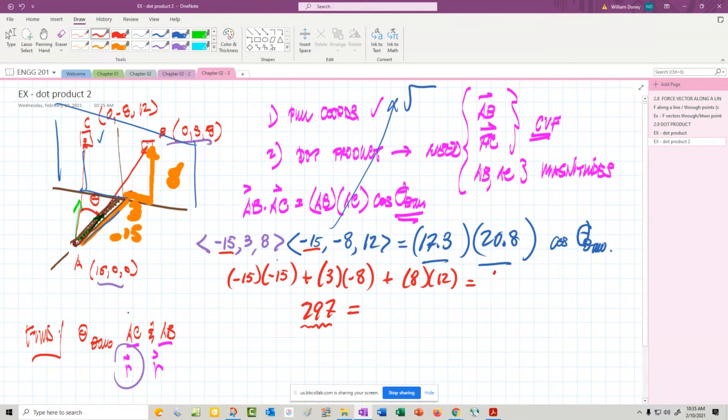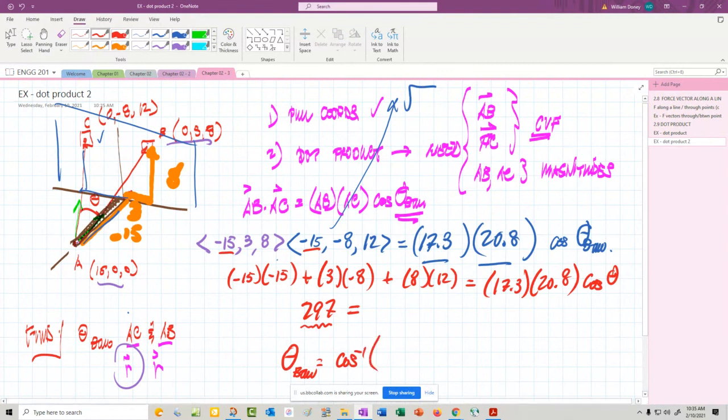All right, on this side, 17.3, 20.8, still cosine of theta. If I solve for theta, which is the angle between, that's going to be inverse cosine, just rearranging, of 297 over 17.3 times 20.8.